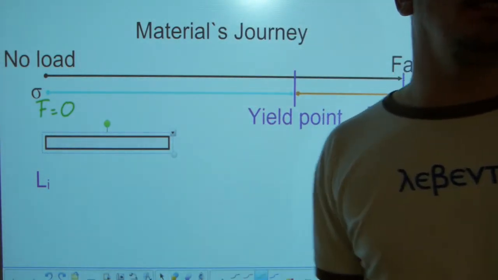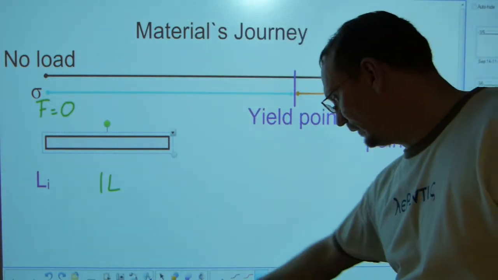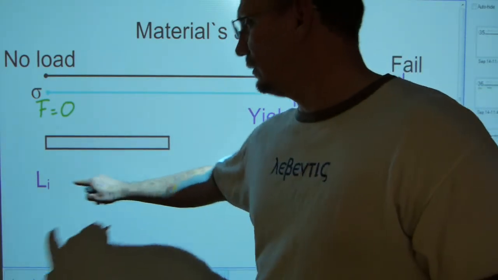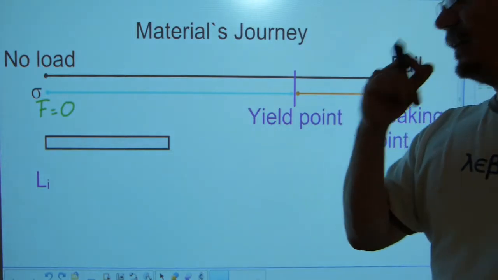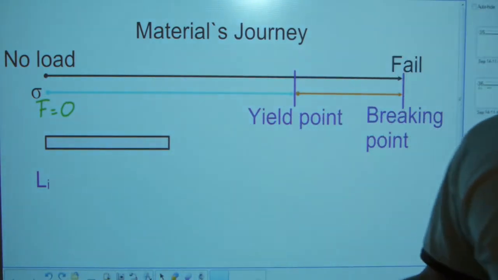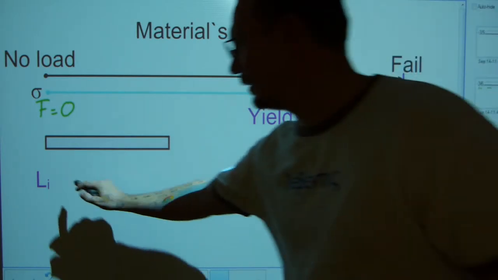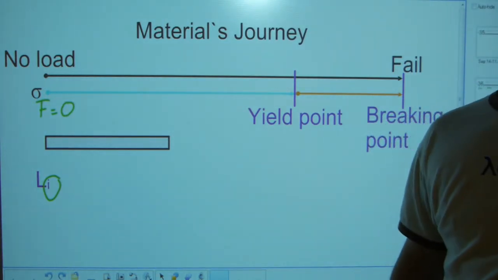That reads initial length. Why it's not IL for initial length, instead it is LI. It still reads as initial length or length initial. The L part is highlighted because the length is important, and that's why the initialness of this length is in the subscript.